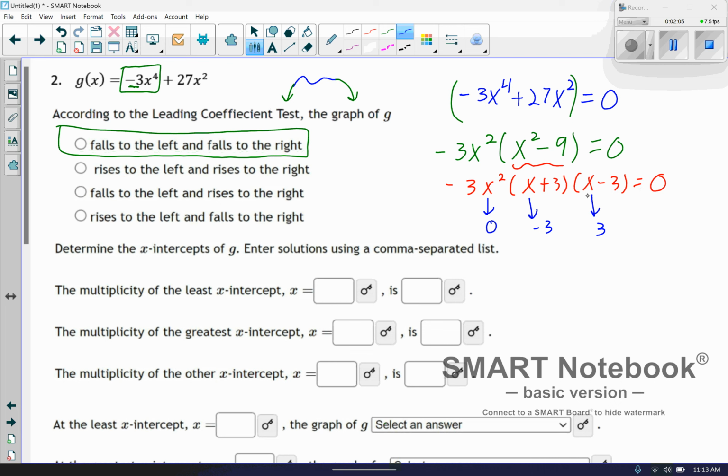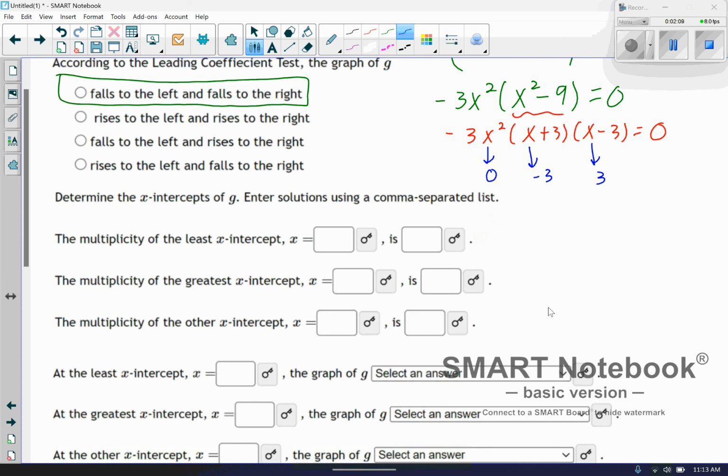You got to be careful down in this part because they want us to list right here. It says we want to find the multiplicity of the least x-intercept. So you got to look at the smallest value here, which would be negative 3. And its multiplicity has an understood 1 right there. Then it says list the multiplicity of the greatest x-intercept.